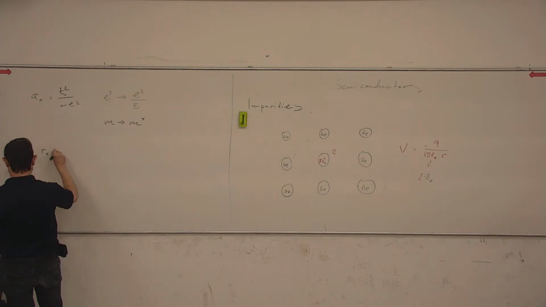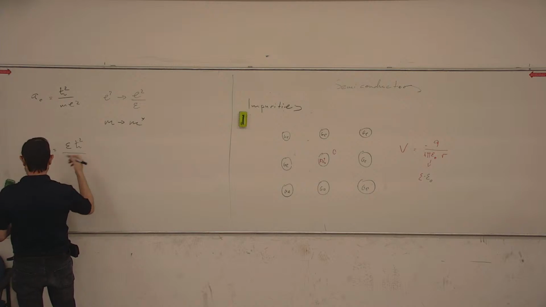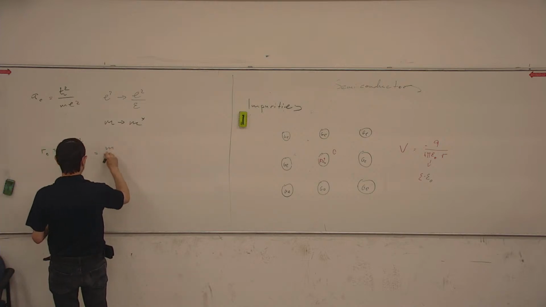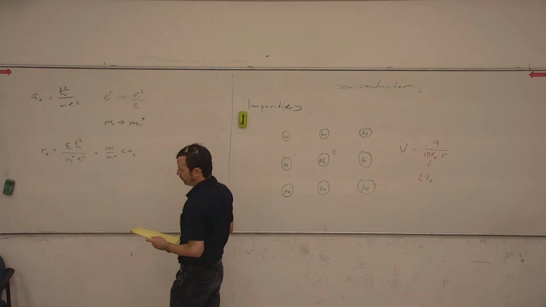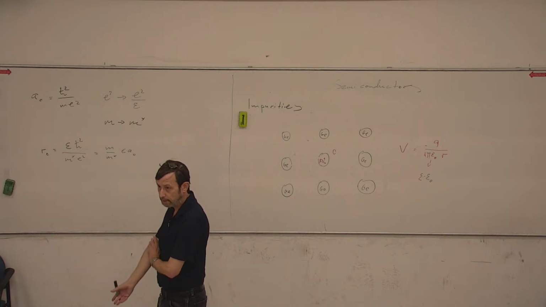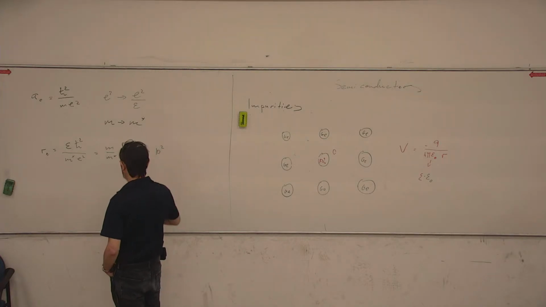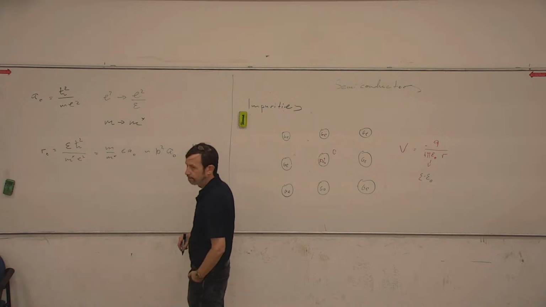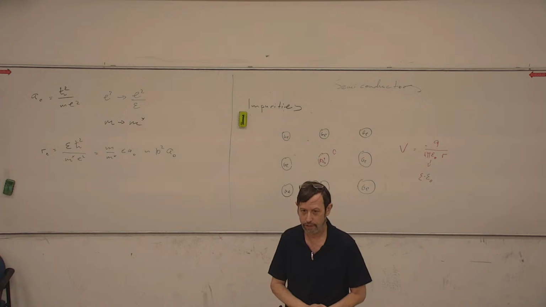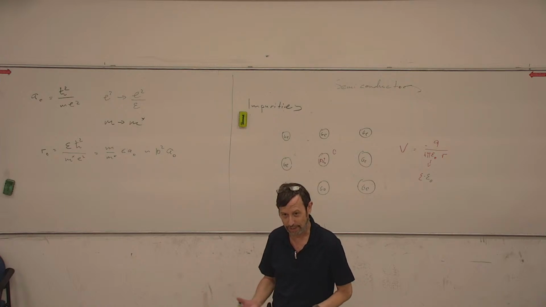So if I write down R0, the radius of this strange hydrogen atom, and I plug in typical numbers, let's say for germanium here, it's 100 times larger than the Bohr radius, so it's of the order of something like 50 angstroms, not half an angstrom.